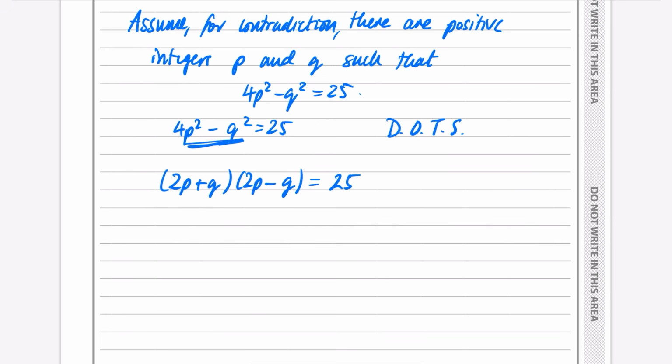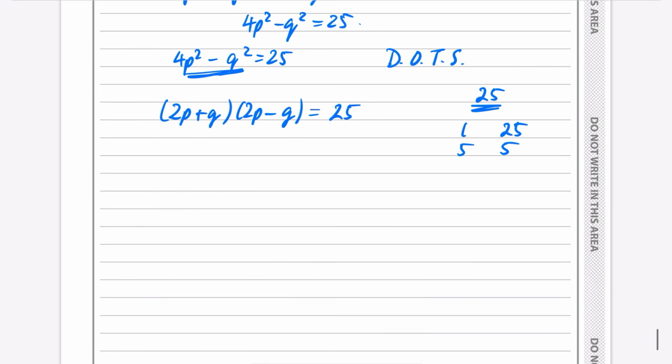Now, because p and q are integers, I need to think of what integers could multiply to 25, because if they're integers, that needs to be an integer, and that also needs to be an integer. So for 25, the only numbers are 1 and 25, or 5 and 5. So we could say that 2p plus q is equal to 25, and then 2p minus q is equal to 1. There'd be no point in doing it the other way around, because obviously this one is smaller because it's subtracting something.